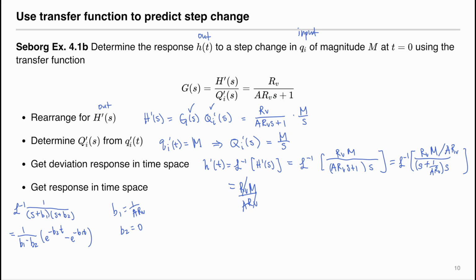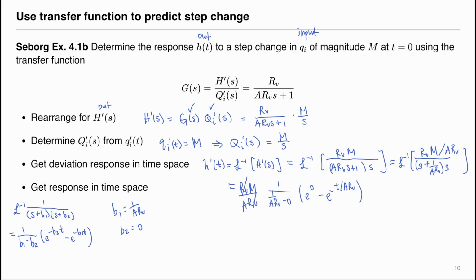We have 1 over b1 minus b2, times e to the negative 0 minus e to the negative 1 over A R V times t.